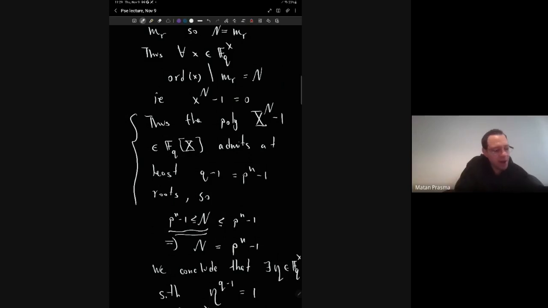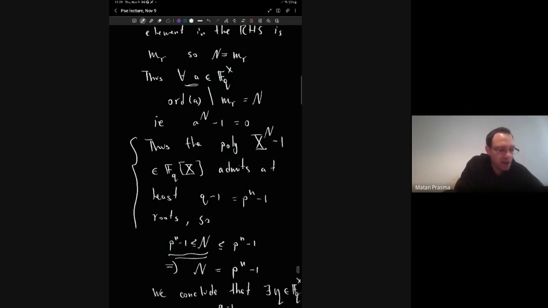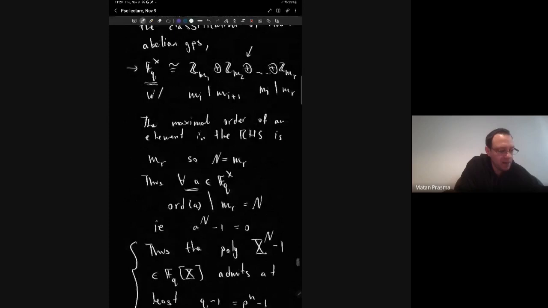Yeah, so I take any element in FQ. Maybe it's better to call it by a different name. I call it A. I look at this side of the isomorphism.